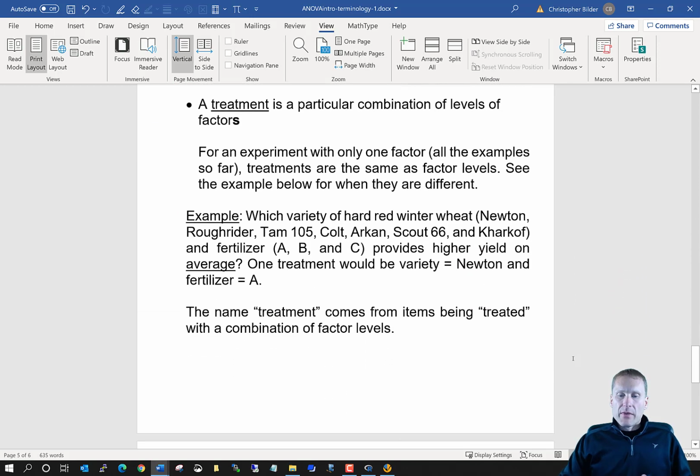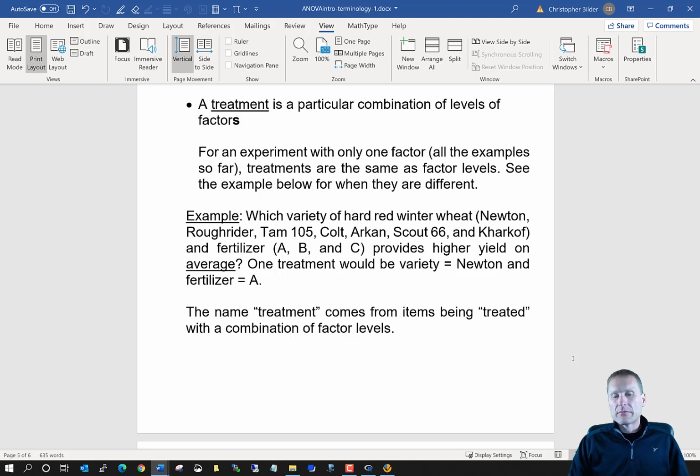Now, a treatment is a particular combination of levels of factors. In our class, we're only going to be talking about essentially one factor at a time, such as grocery store chain or wheat variety and so on. But in more advanced classes, like a course on experimental design, you might have 2, 3, 4, even more factors that you are actually looking at. And a treatment in that setting is a combination of factor levels from the different factors.